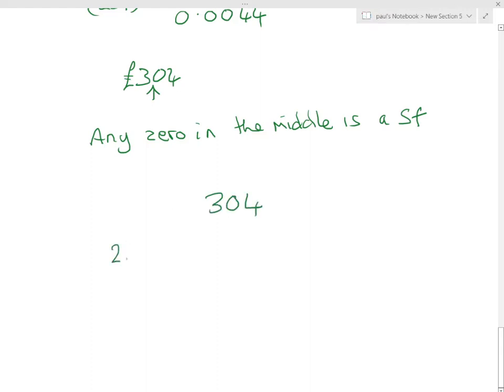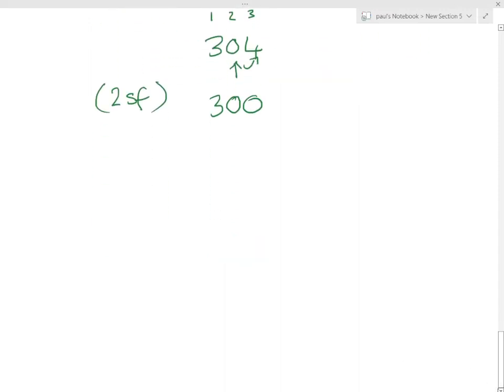Let's round this to two significant figures. Now there are no zeros at the beginning, so that's taken care of. This is the first. Now the 0, because it's in the middle, becomes a second significant figure. We're going to round to two significant figures, so we go to the 0, we look at the next one down, and that is less than 5, so we ignore it. So this comes out at 300 to two significant figures. So the 0 counts when it's in the middle. So 0.08080.